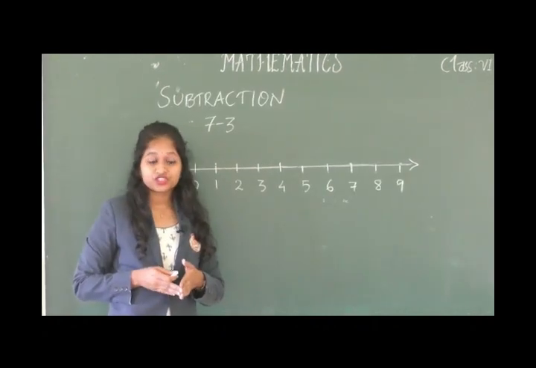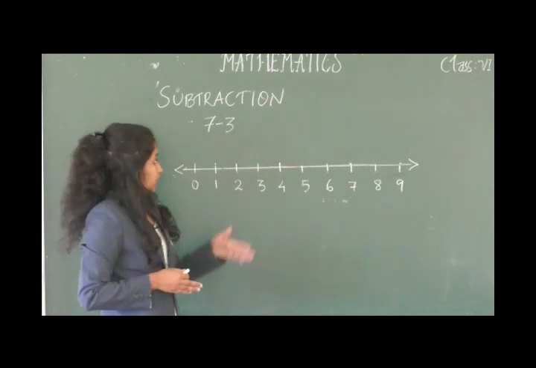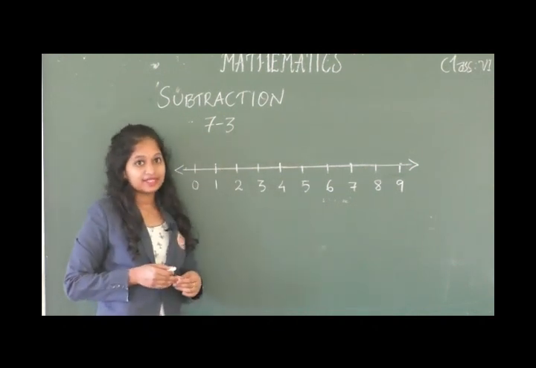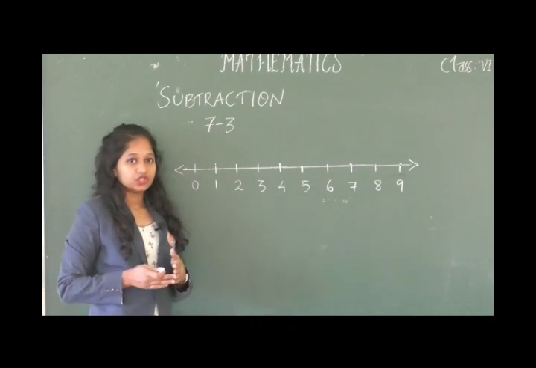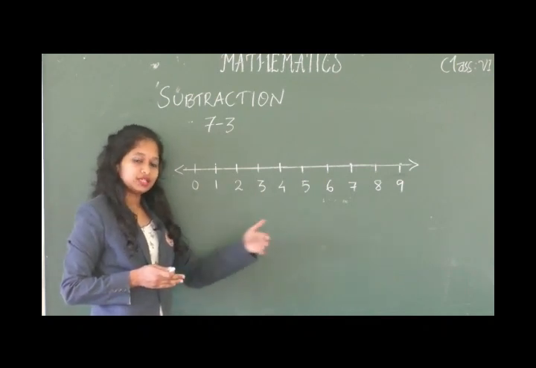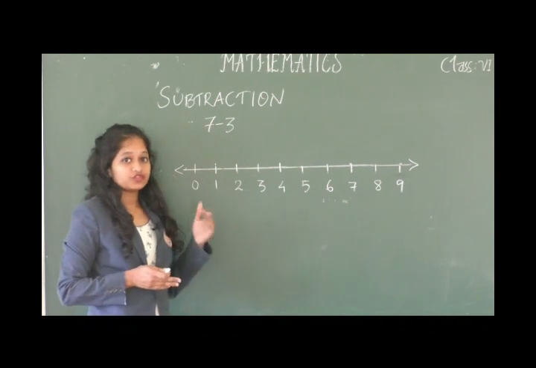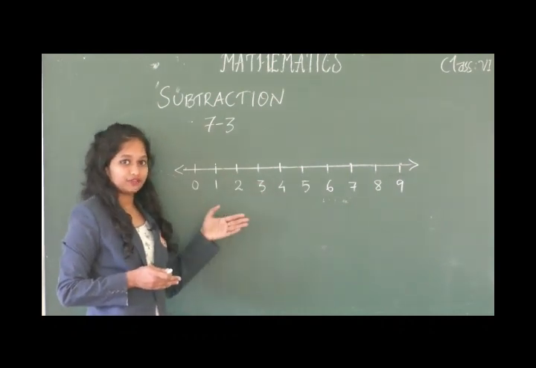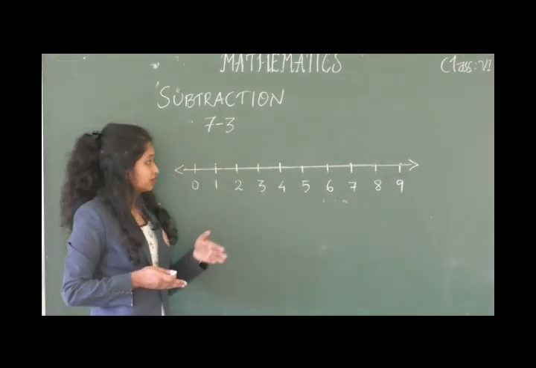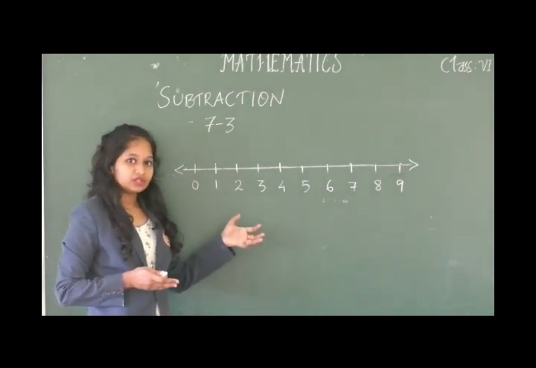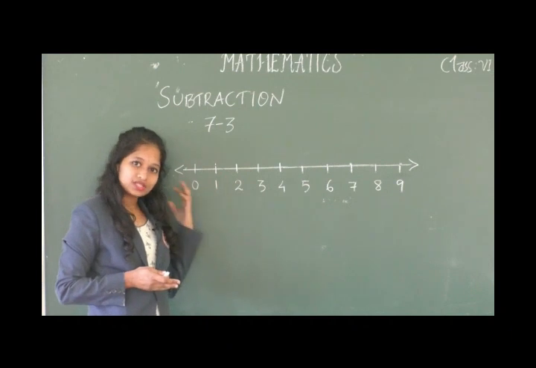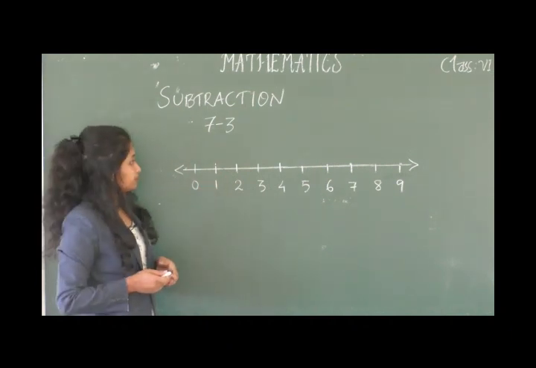How to do subtraction on a number line? We have a question here, 7 minus 3. In case of addition, we jumped towards the right. In case of subtraction, towards the left. Why is it like that? When we subtract two numbers, we get a smaller number, and the smaller numbers are towards the left.